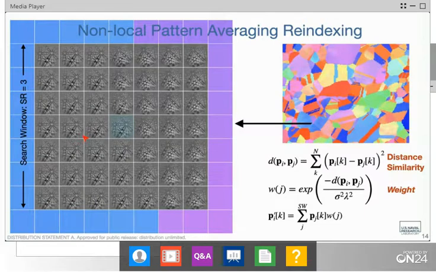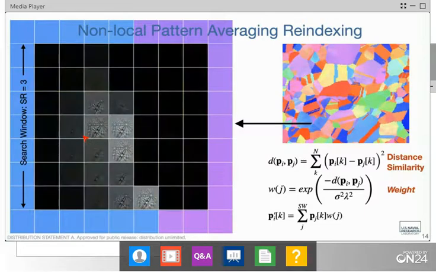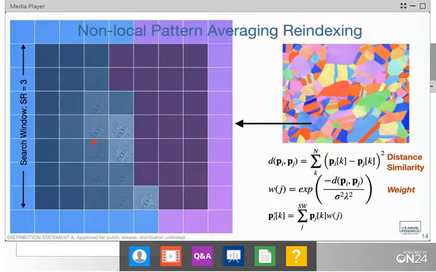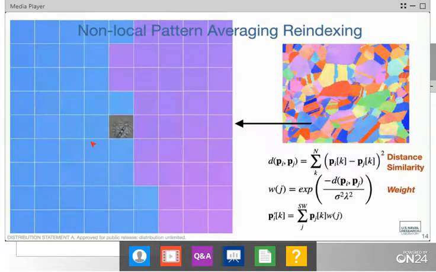Now I'm going to color this by the level of weighting. The brighter the pattern, the more weighting it has within the averaging kernel. You can see that we're just lighting up patterns within the blue grain and not within the purple grain. But that's not a very challenging scenario. Those patterns are very high quality. There's nothing very challenging there.